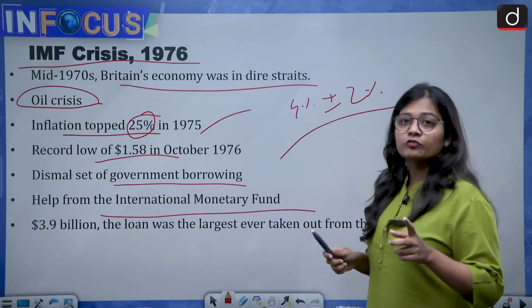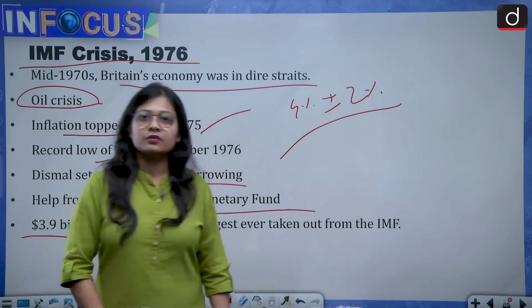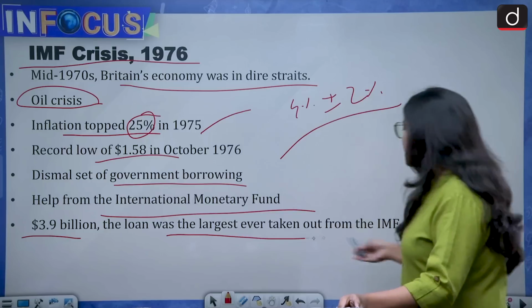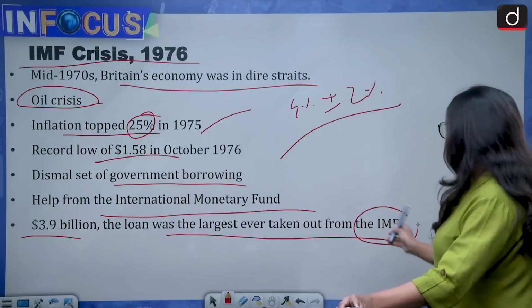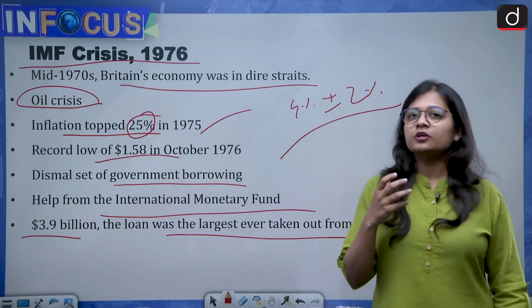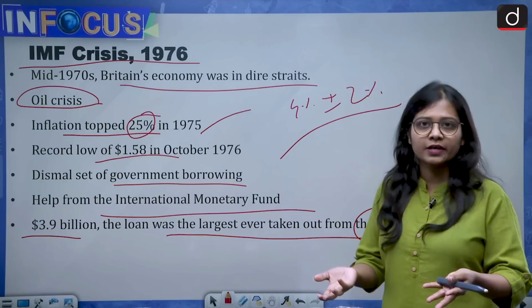At that point of time, Britain took a loan of $3.9 billion, and the loan was the largest ever taken from the IMF. So you can imagine, an economy considered to be very strong had taken a loan from the IMF, which was the highest till date.